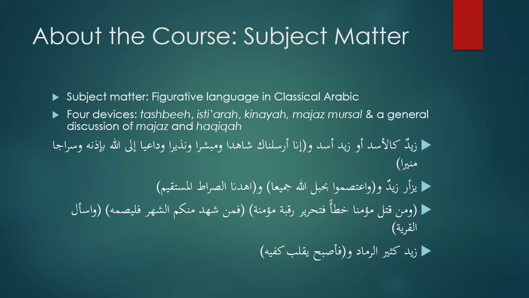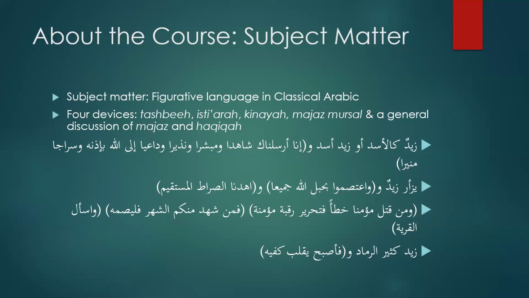Because the general statement is that if you take a kinaya, it can be true. There's nothing preventing it from being true, although regardless of whether it's true or not, it's not what is intended. Okay, and so you might ask, well, what is the relationship in the case of kinaya?